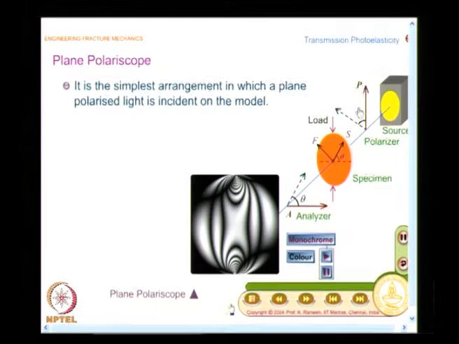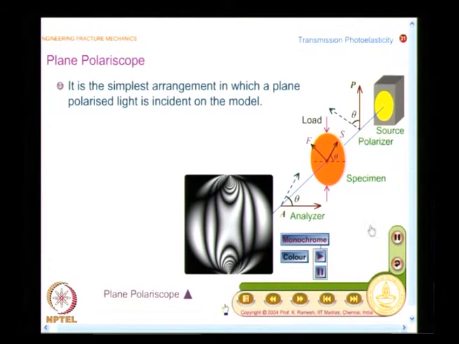I have a polarizer, I have an analyzer, I am sending a monochromatic light source, and I have a model which is birefringent and loaded. The background is still dark, and within the region of the model you find fringe contours.